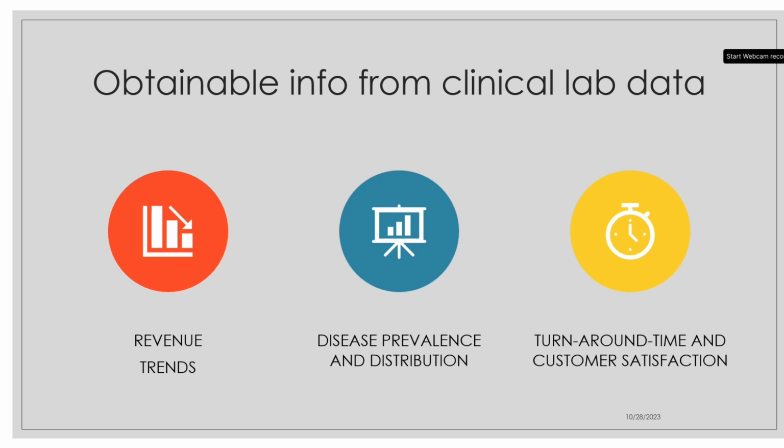You can determine the trends. You can determine the disease prevalence or the distribution of diseases, or let's say some lab test, let's say full blood count. You can look at the distribution among the ages. You can look at your turnaround time, customer satisfaction, and many other things that you can look at with the lab data that you have.